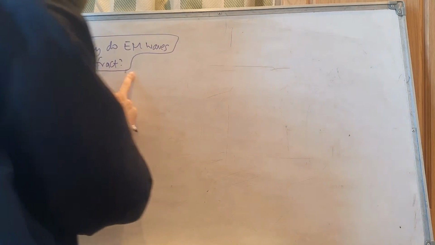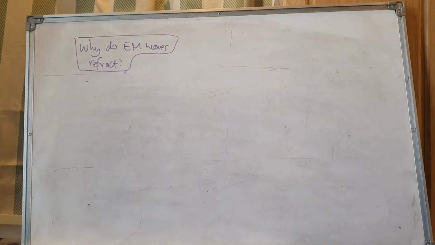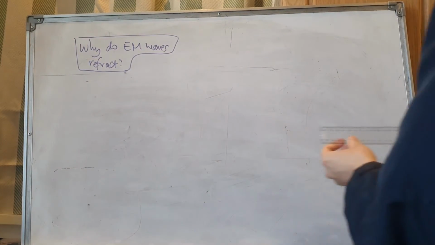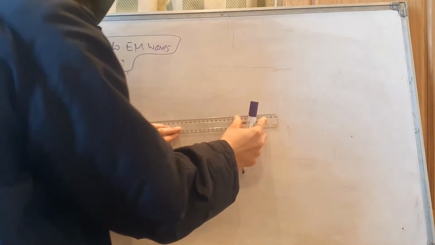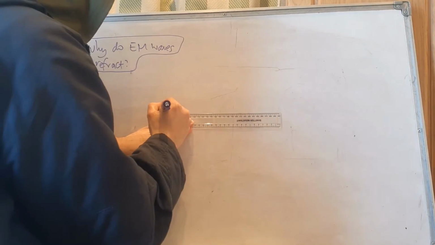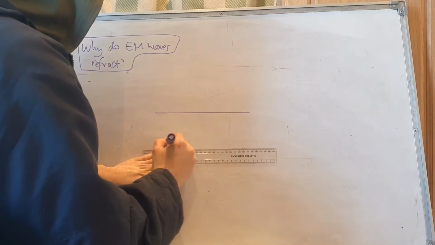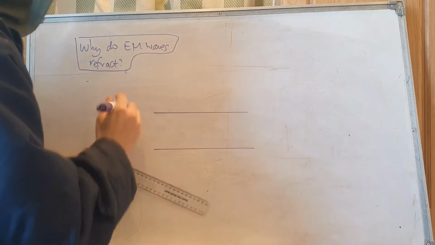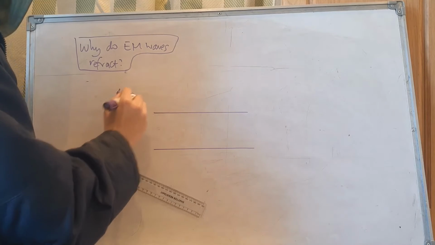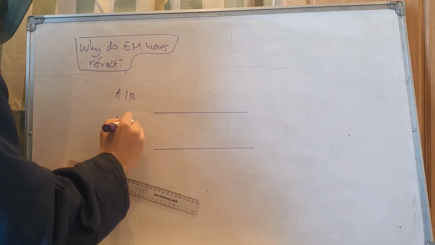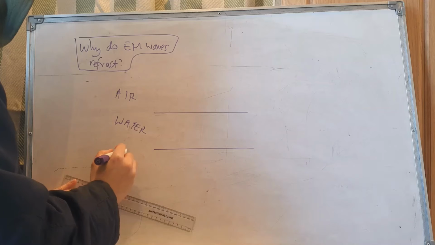All right, so let me just draw two types of medium. Let's just say that this is air, this is water, and this is air.